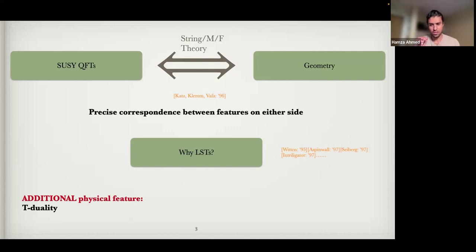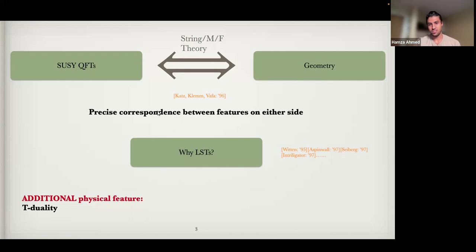I'll define T-duality more rigorously later, but for now, you can think of T-duality as taking two 6-dimensional little string theories and dimensionally reducing them onto a circle. So you look at the 5D effective theory. The point of T-duality is that these two different looking 6D theories are the same 5D theory.